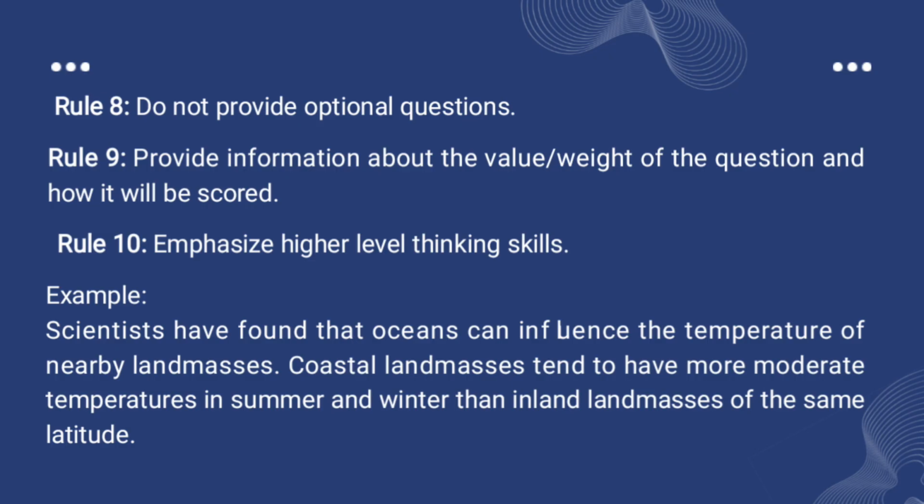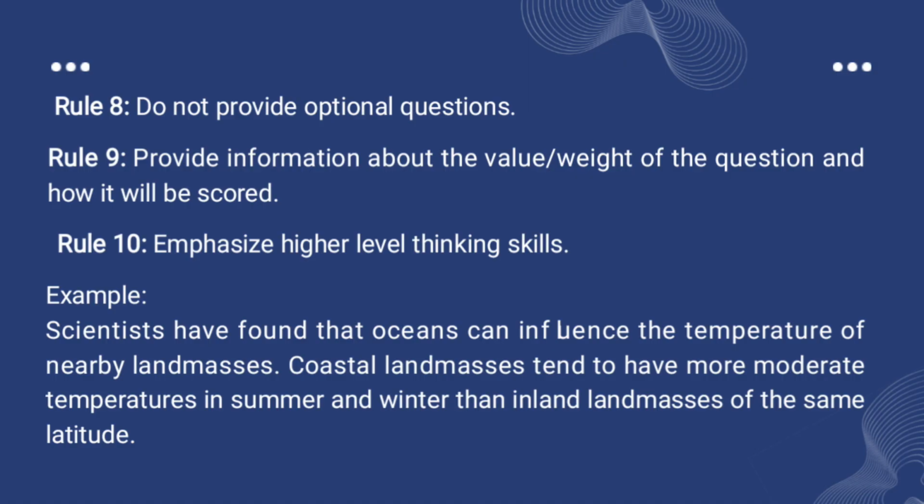So for rule number 10 is to emphasize higher level thinking skills. In this essay question, the student must use higher level thinking skills and elaborate their answer. For example: scientists have found that oceans can influence the temperature of nearby land masses.